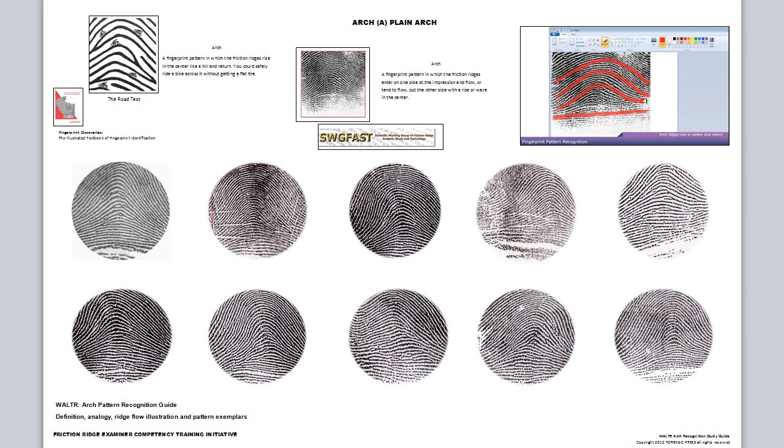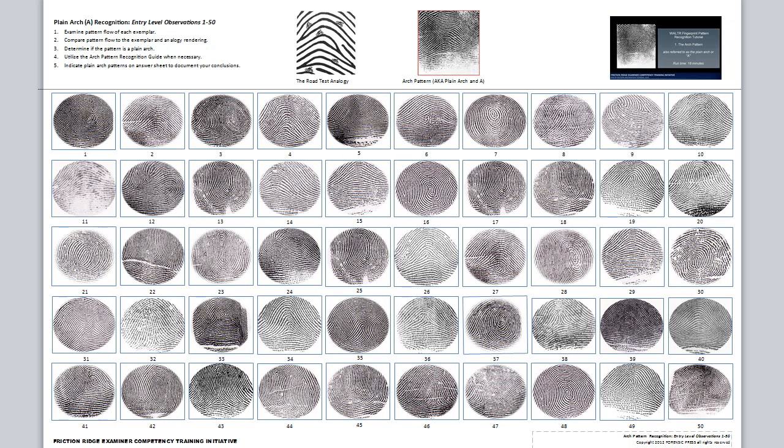You are now ready to get your plain arch pattern study guide, and then you will be taking your first quiz. In the quiz, you're going to recognize only plain arches, and you will have to select the plain arches that exist in this array of 50 patterns.